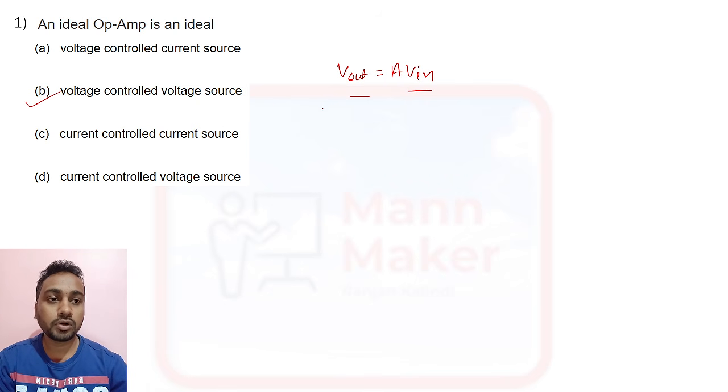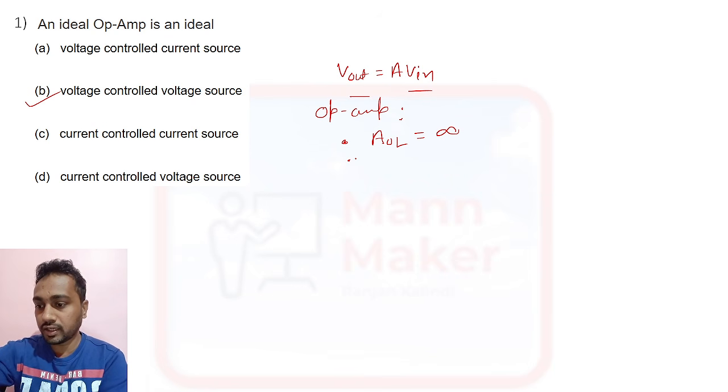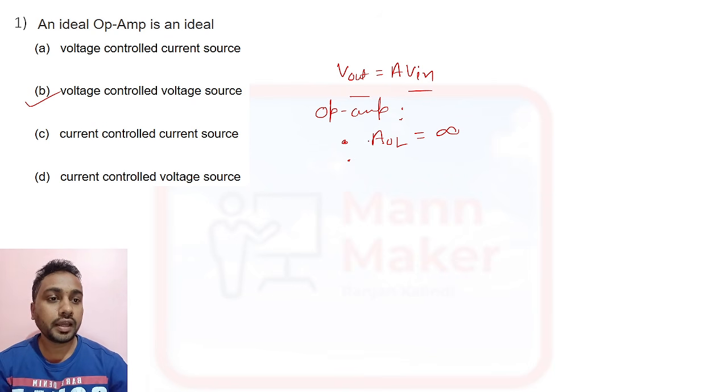Apart from this, you have to remember the characteristics or properties of an op amp. In an op amp, the open loop voltage gain is always infinity.